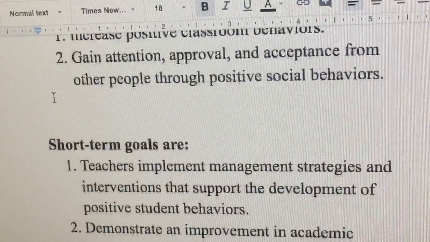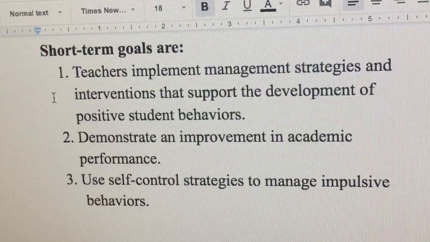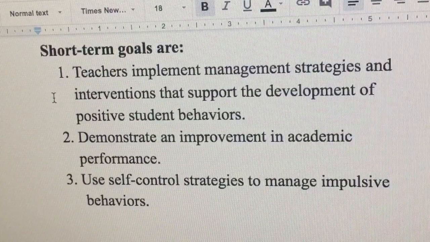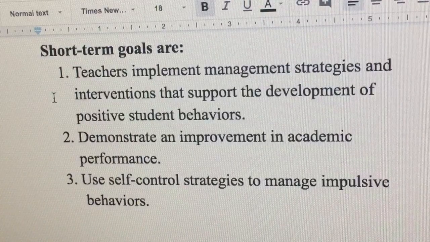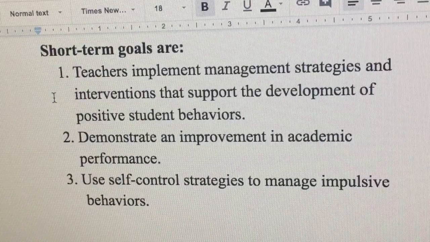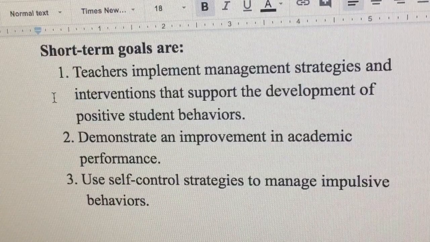Some short-term goals are for teachers to implement management strategies and interventions that support the development of positive student behaviors. Daily reminders of classroom procedures, catching Molly being good, and actively engaging her in the lessons so she doesn't revert to old habits when she becomes bored seem to help her stay on track.